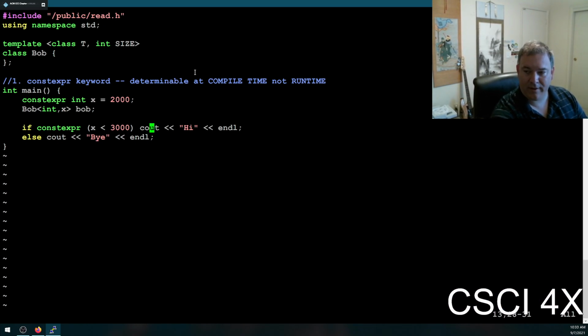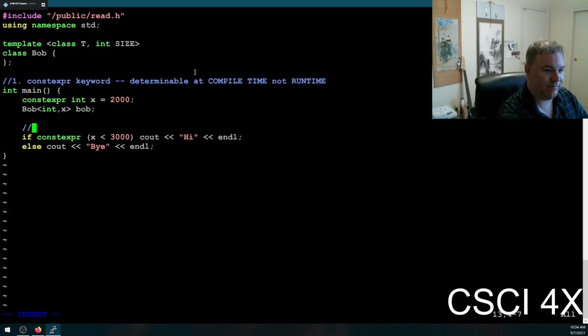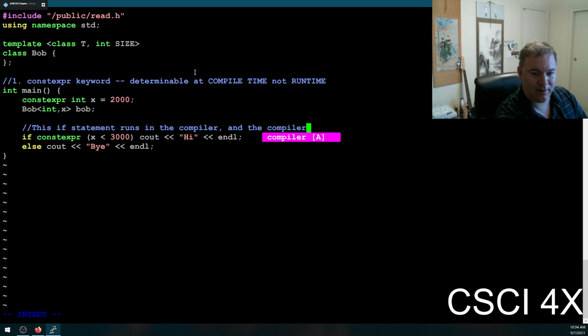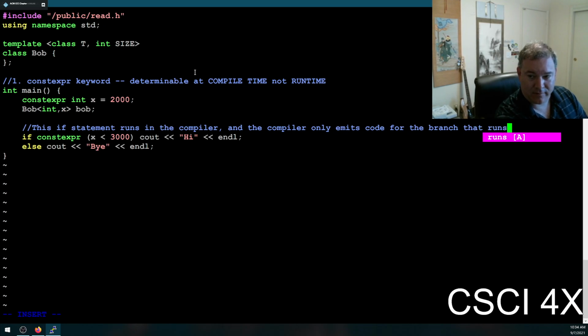Normally an if statement is going to insert code for both branches. It's going to emit the assembly code for both the high branch and the bye branch. When the code runs, it decides which one to take. With if constexpr, this if statement runs in the compiler, and the compiler only emits code for the branch that runs.